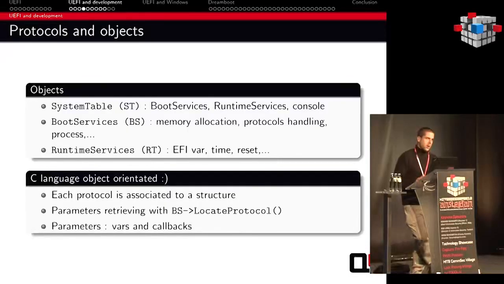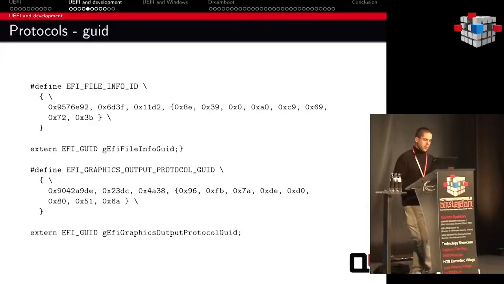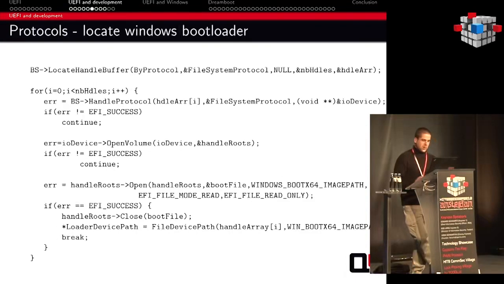And locate protocol lets you retrieve a custom structure with some fields and a callback to call the firmware directly. Each protocol has a unique identifier in the firmware. Everything is published in the specification. Here is just an example for the graphics card. So it's not really interesting.